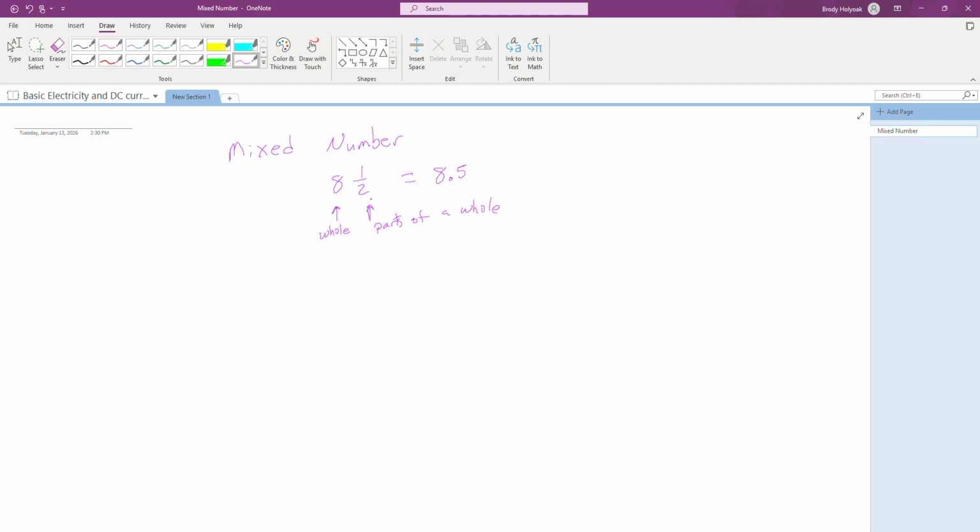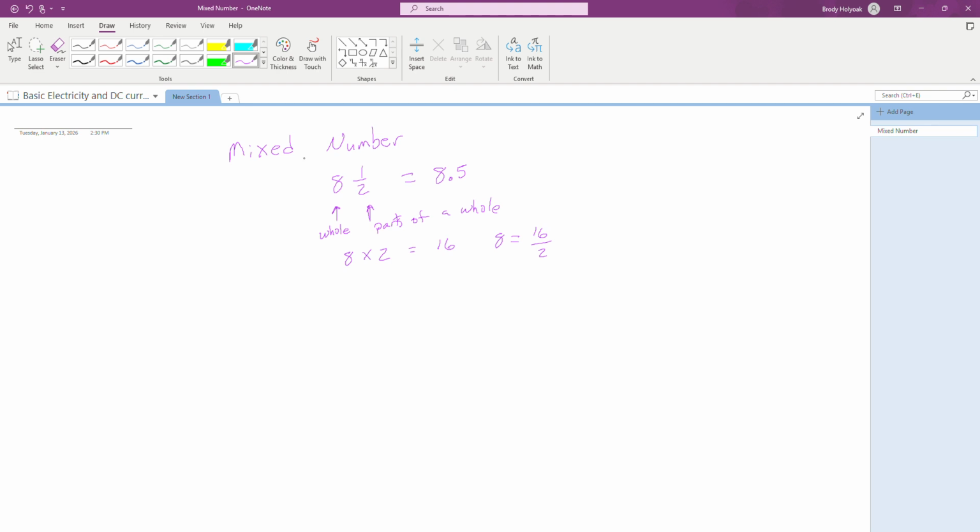So how to find that mathematically is I'm going to take my 8 times my denominator, which is 2. That is going to give me 16. So that means that this 8 can also be represented as 16 over 2, meaning I can take 2 portions out of this amount 8 times.